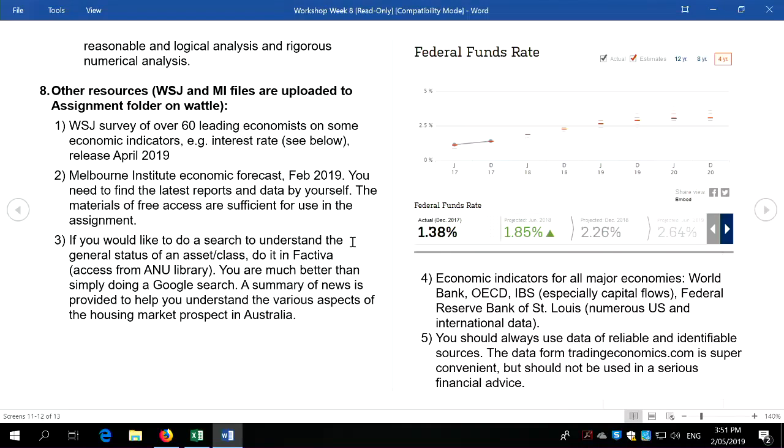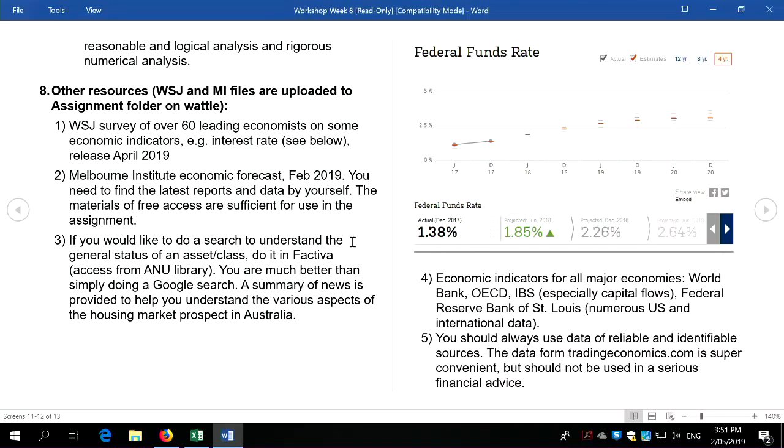If you are more adventurous and you would like to do some independent research on a particular asset or asset class, for instance, the property market in Australia, especially the residential property market, I have some resources provided on Waldo.